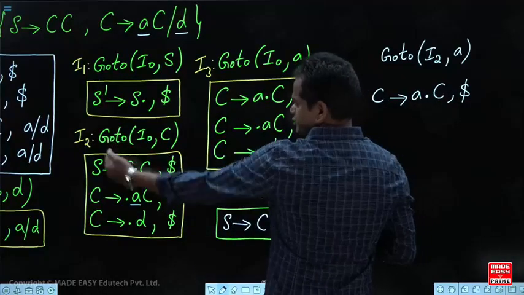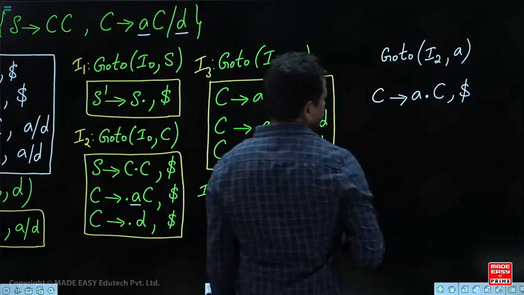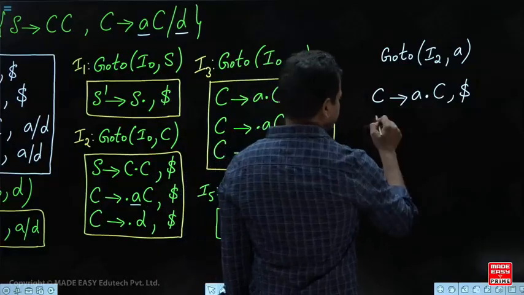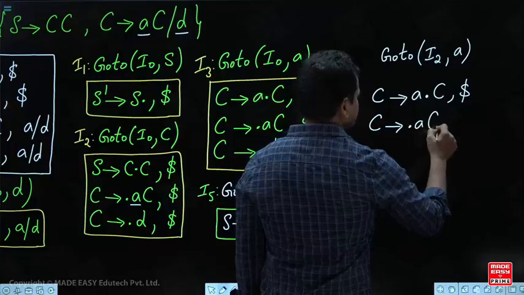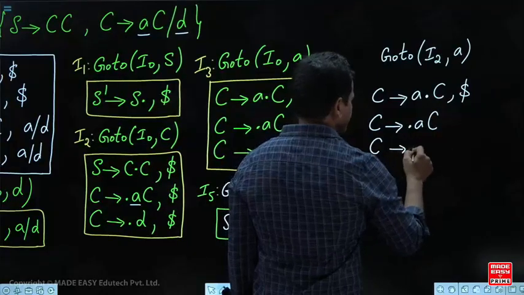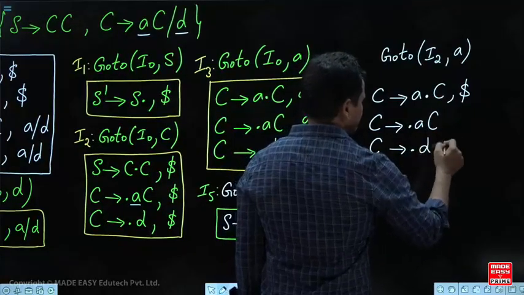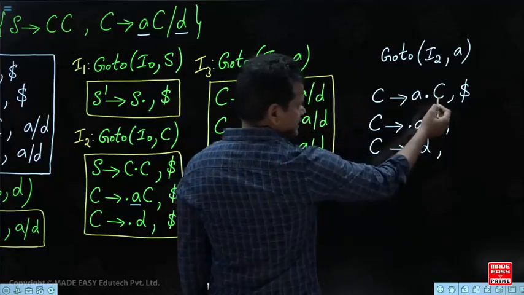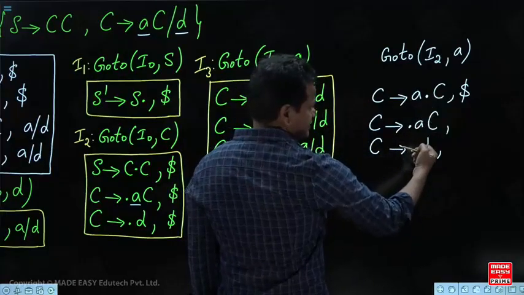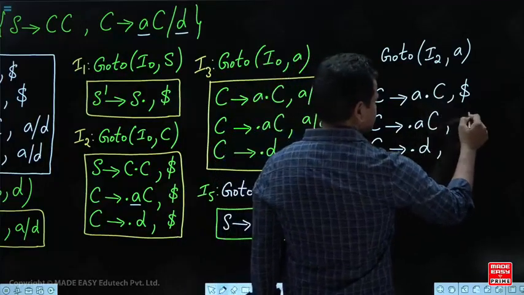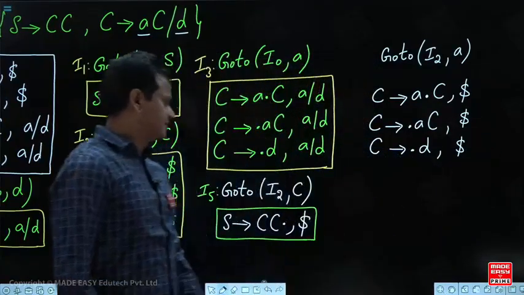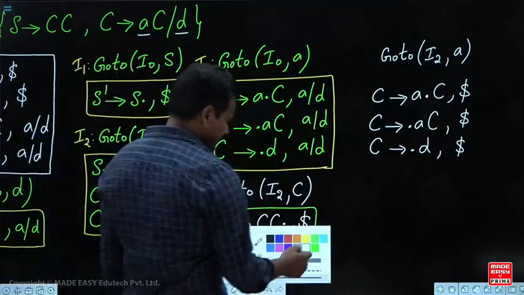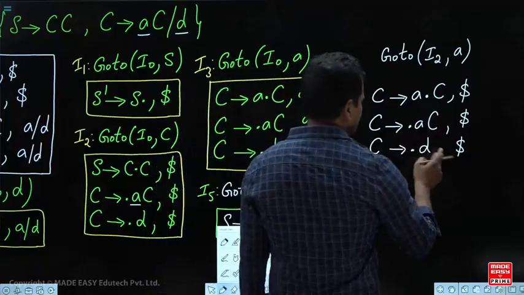Yes, I have moved the dot, and dot before C, therefore add every production of C. C has two productions, one is AC and the other one is D. Now C here, because of this C we wrote here, and after C nothing. If nothing after C, then whatever the look ahead, just copy them. Now done, because we cannot add any other productions, because after dot comes a terminal.